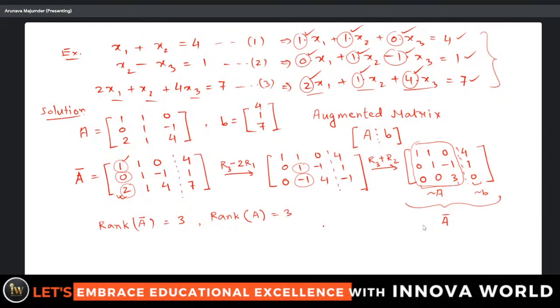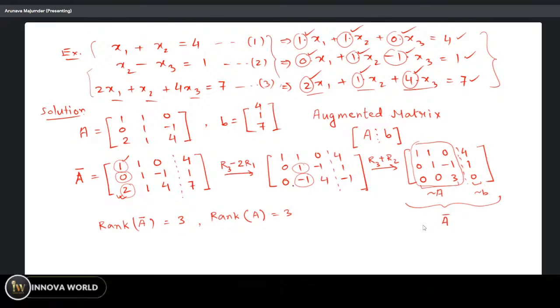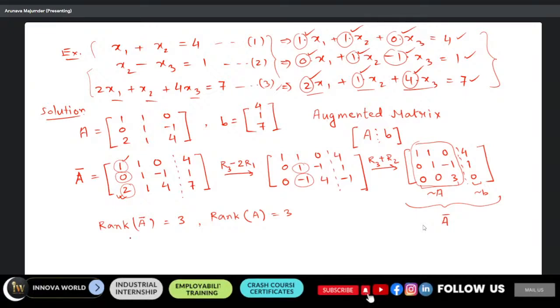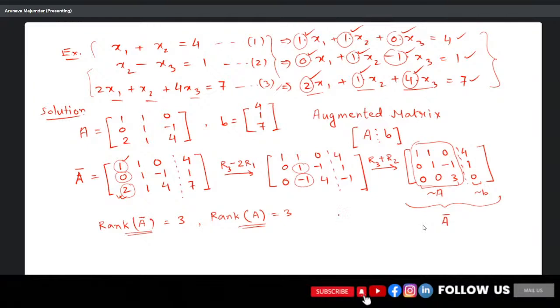This is also 3. Remember that the given system of equations has a solution if these two ranks, the rank of the augmented matrix and the rank of the coefficient matrix, are equal.